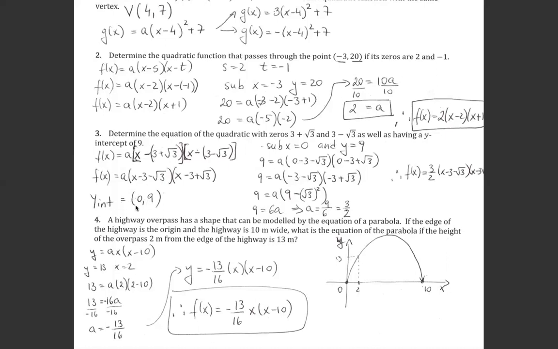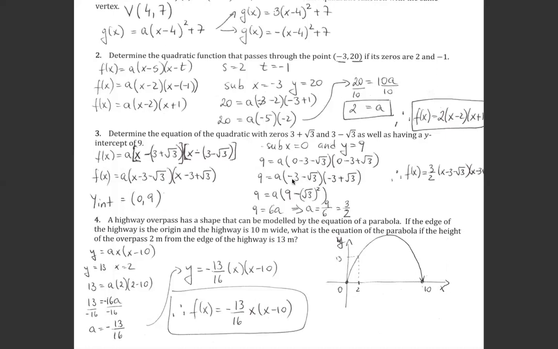Now we also have another hint, which says the y-intercept is 9. If we put it in point form, we know that x is 0 because it's a y-intercept, and the y value is 9. So we substitute x = 0 and y = 9 into this function: 9 = a(0 - 3 - √3)(0 - 3 + √3).